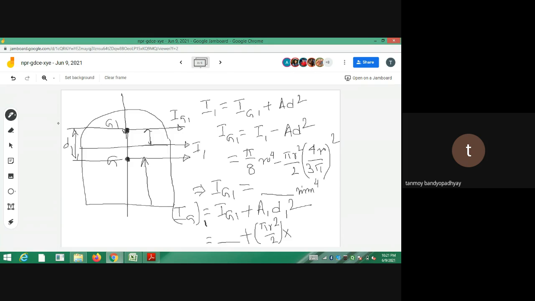So D1 will be equal to 4r by 3 pi plus 25 minus y bar. 25 minus y bar will be something like 2.33, which I have mentioned in the notes. Put in the values and you will get D1 to be something like 12.94 millimeter. Once you get all the values, put them here and you will get the value of IG1.